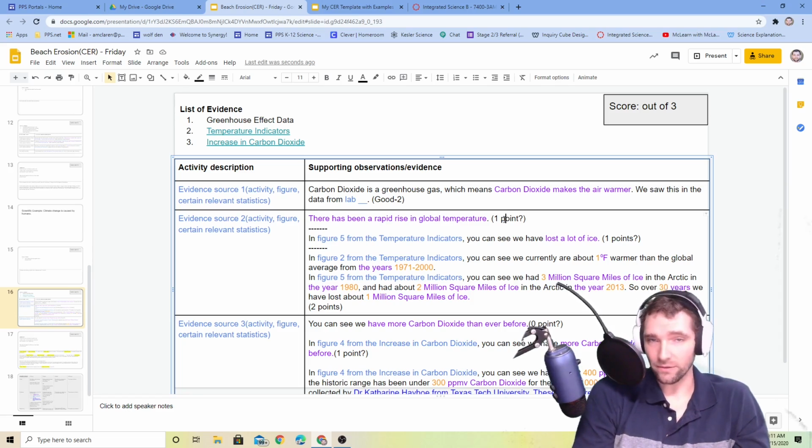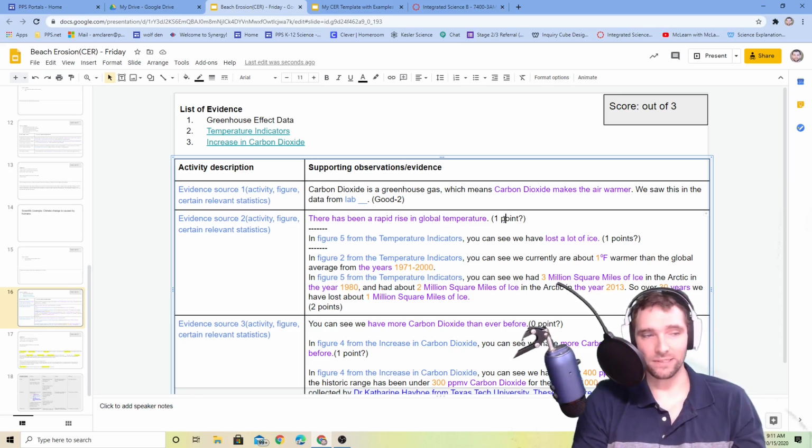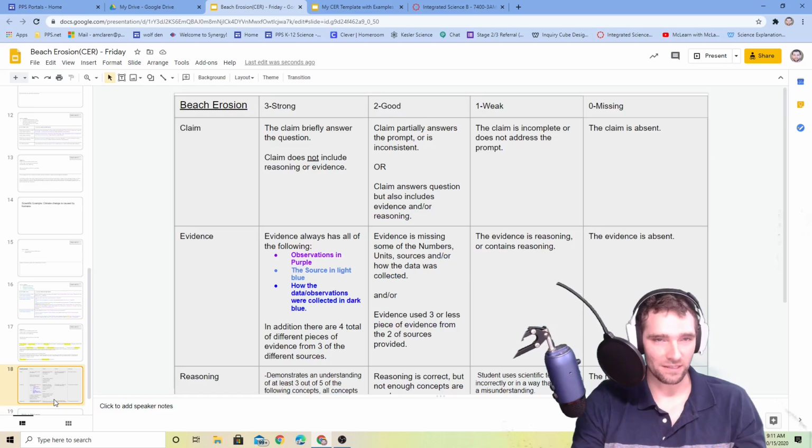They're not telling you how they measured this. This evidence is very, very not compelling to me. So the rapid rise in global temperature, just giving an observation alone, is going to score pretty lowly on this. I would say it's weak.